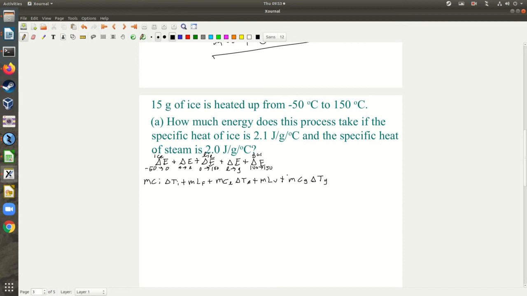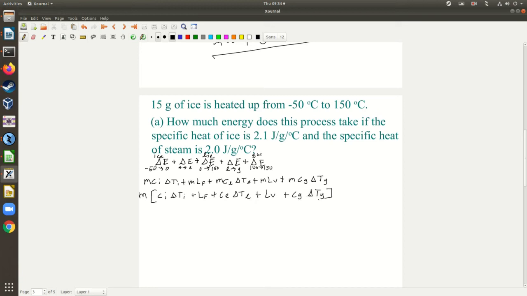Notice that the M is common throughout, so I can pull that out. It's going to make my calculations a hair bit easier. That gives me Ci delta Ti plus LF plus Cl delta TL plus LV plus CG delta TG.